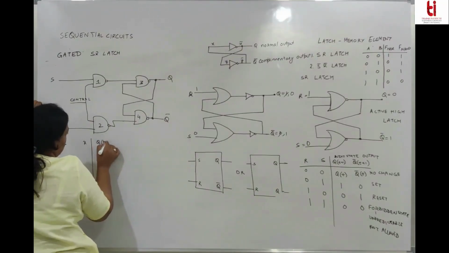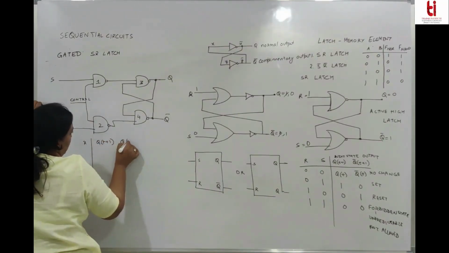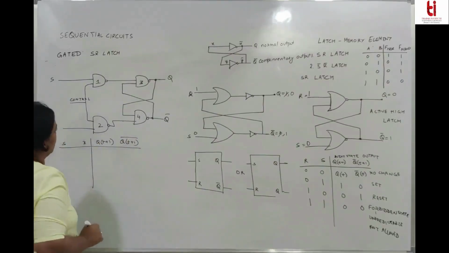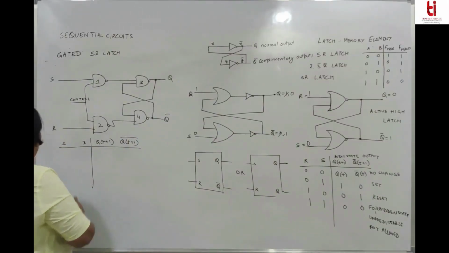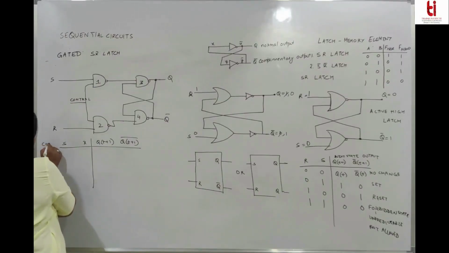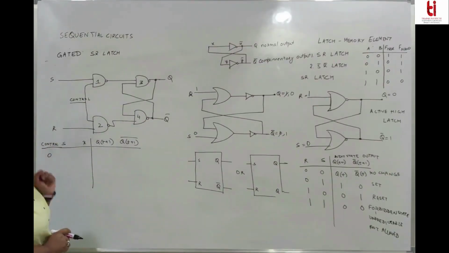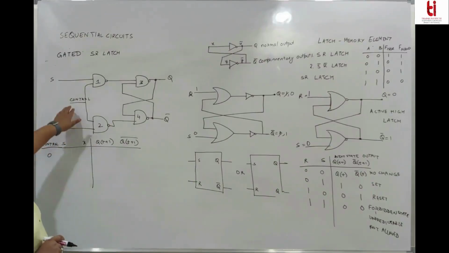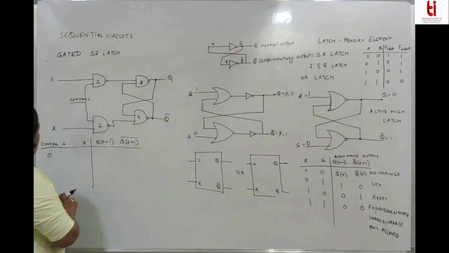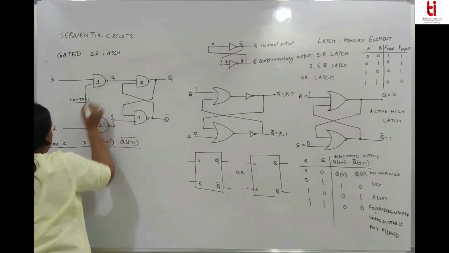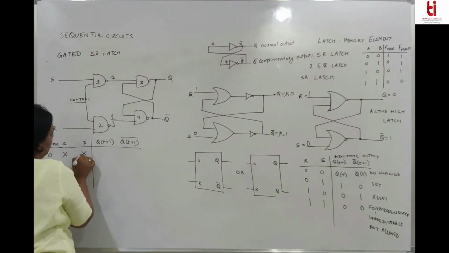What is the next state of our output when your inputs are 0, 0? And there is a control also, so I should have a control also. If the control is 0, what happens? This is 0. These two outputs will be 1, 1, irrespective of S and R. So that means they don't care.